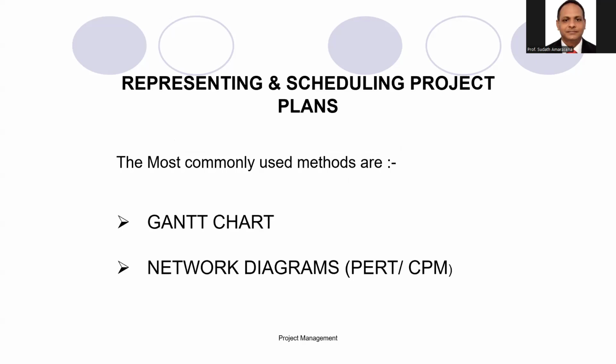When I talk about project management techniques to represent and schedule project plans, the most commonly used methods are the Gantt chart and the network diagram. Under the network diagram, we are going to talk about CPM, the critical path method, as well as the PERT method, the project evaluation and review technique.